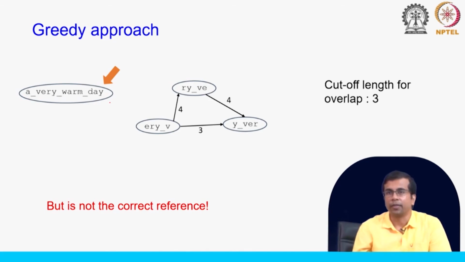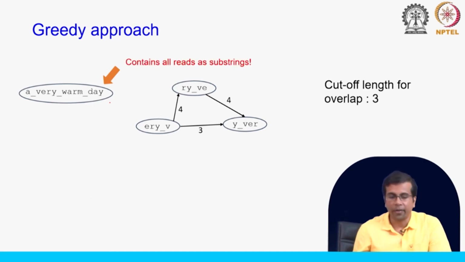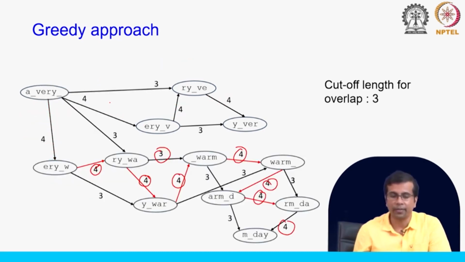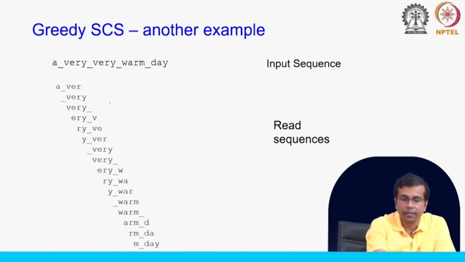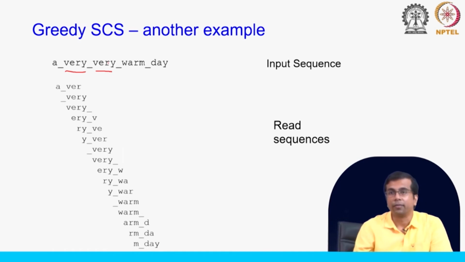So, why did we see this kind of scenario? Going back, you can probably now understand it is because we have these repeats here. One word is repeated twice, and because of these repeats they might confuse the greedy approach.